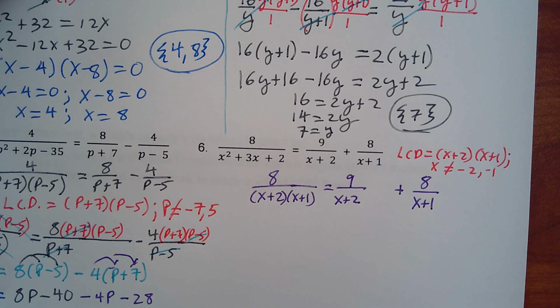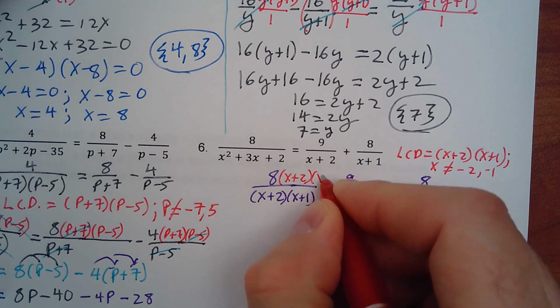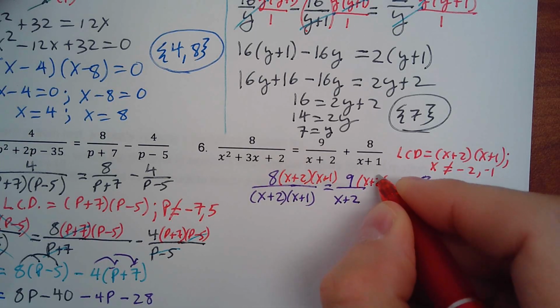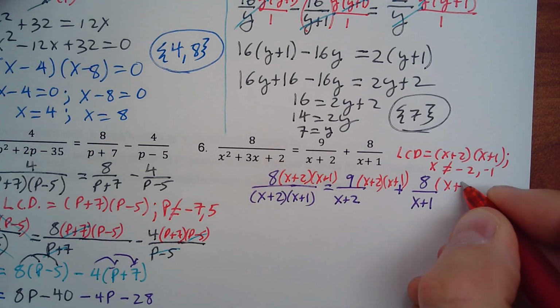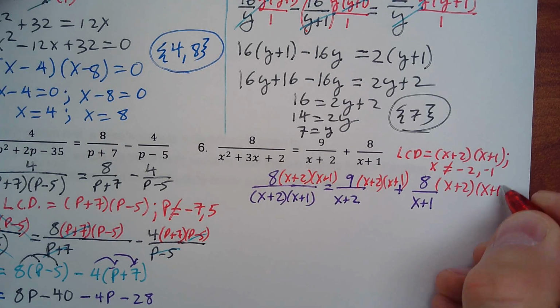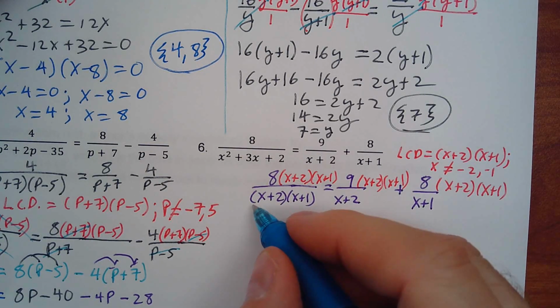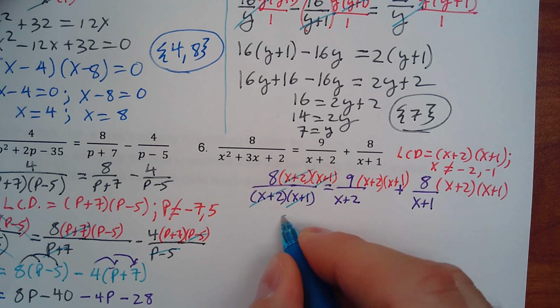So now I'm going to multiply by that LCD. Again, I'm just going to stick it in the numerator. So on this one, both factors divide out, just leaving 8.